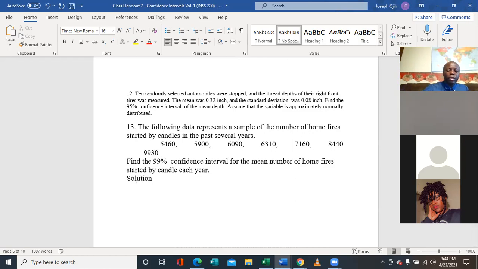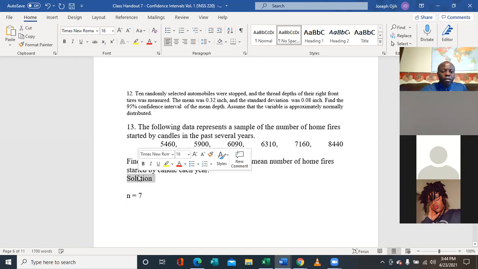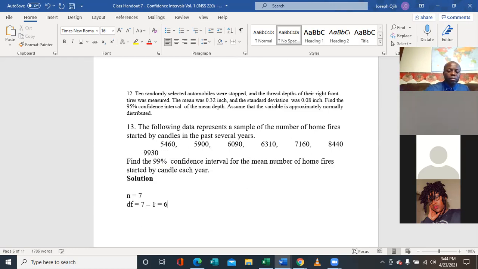Solution. Here, the sample size is 1, 2, 3, 4, 5, 6, 7. So n equals 7. So the degree of freedom equals 7 minus 1, which is 6.